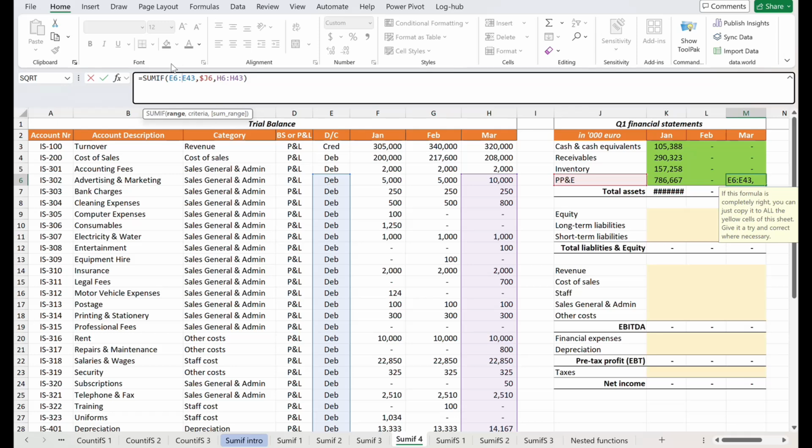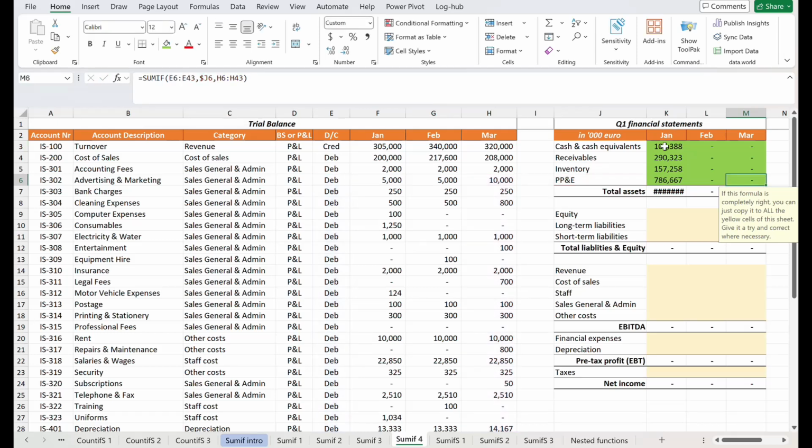Now let's check what's wrong with the ranges. So the blue range should have stayed in column C, because the category should always remain in column C. So we should fix the C, and it should also remain starting on row 3 and ending on row 40 or 41.